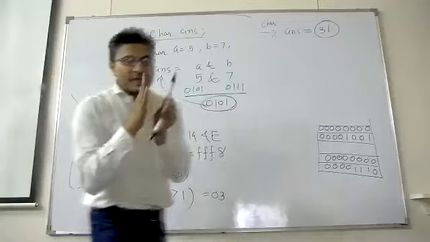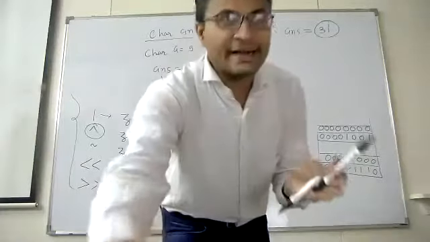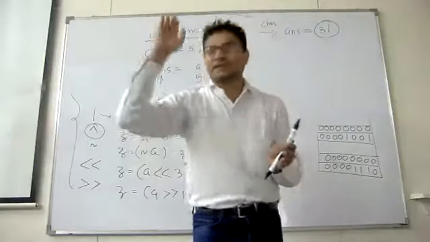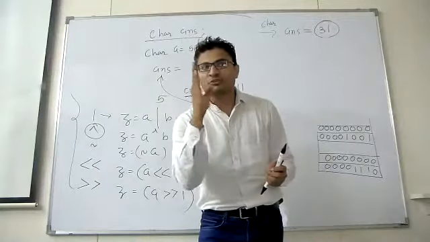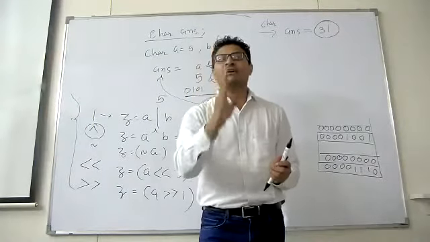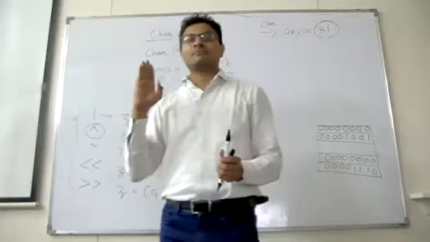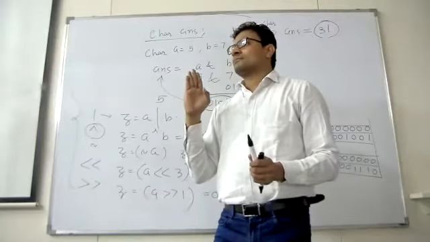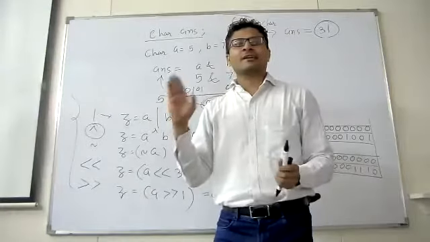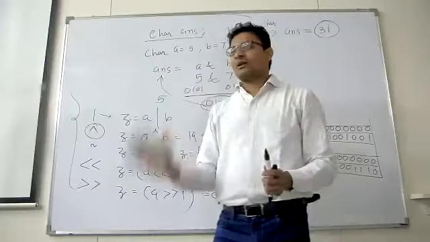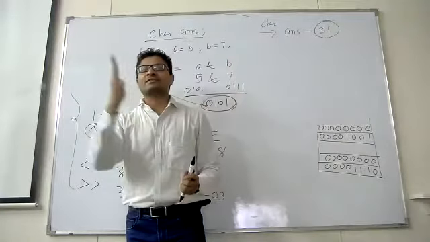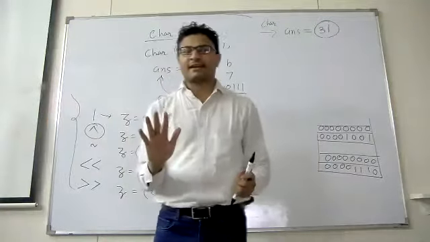I would like to say that if your data is always between 0 to 255, less than 256, then never use integer, always use character, because the range of the character is 0 to 255, unsigned character.